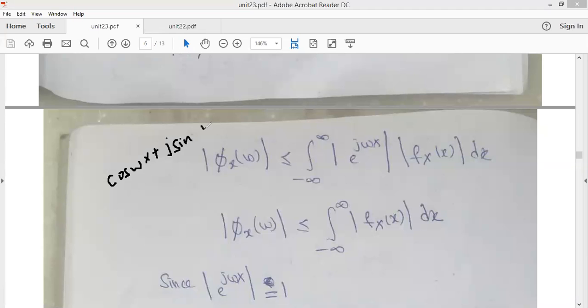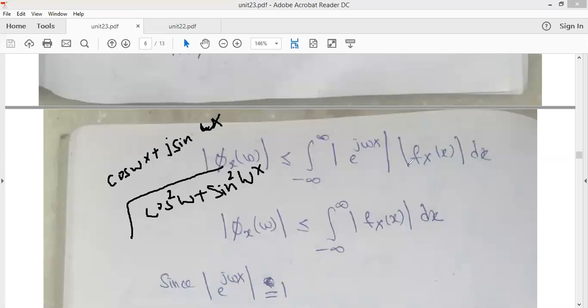This can be written as the square root of cos square omega x plus sin square omega x. Cos square omega x plus sin square omega x has the value 1, so mod e power j omega x is always 1.